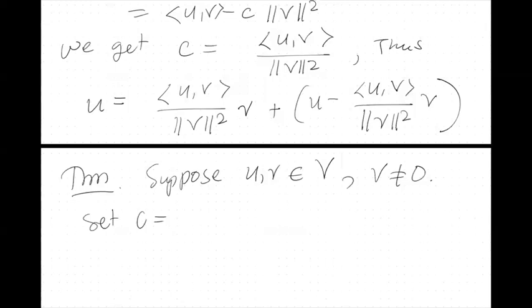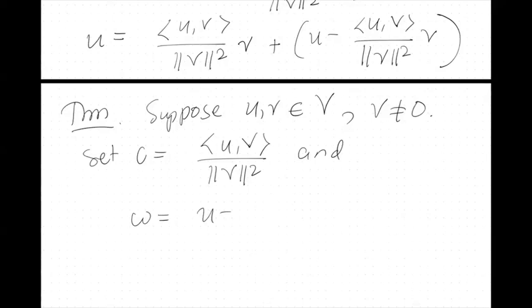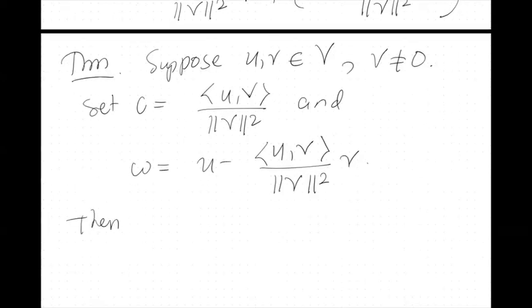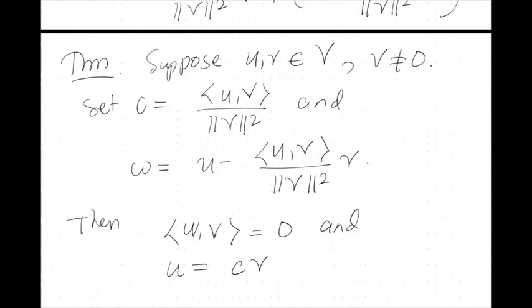If we set C equal to the inner product of U and V over the norm of V squared, and we set W to be U minus the inner product of U and V over the norm of V squared times V, then W and V are orthogonal, and U is written as a scalar multiple of V plus this W, wherein W is a vector orthogonal to V.